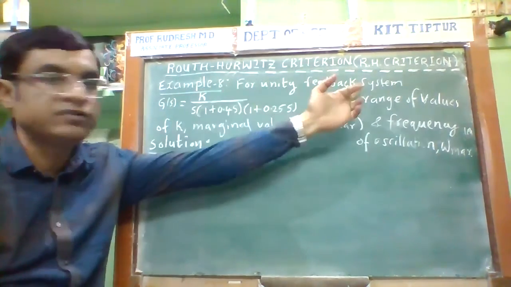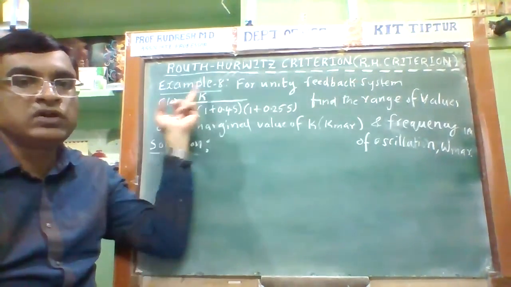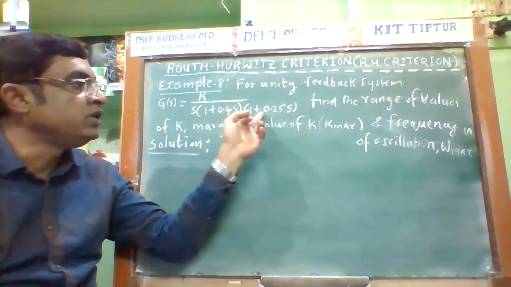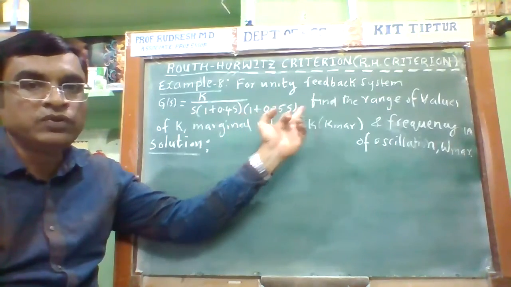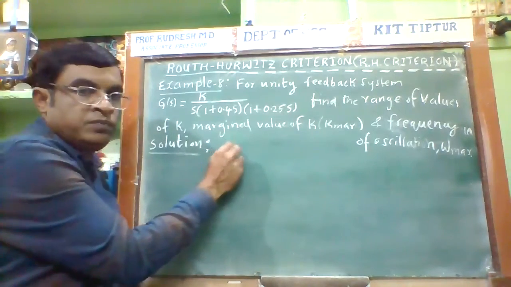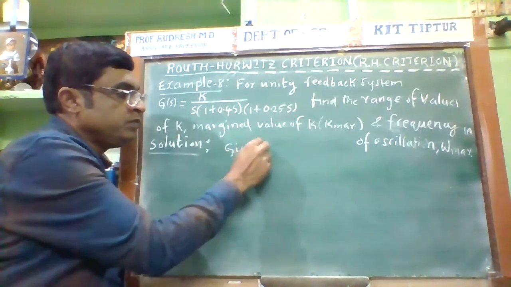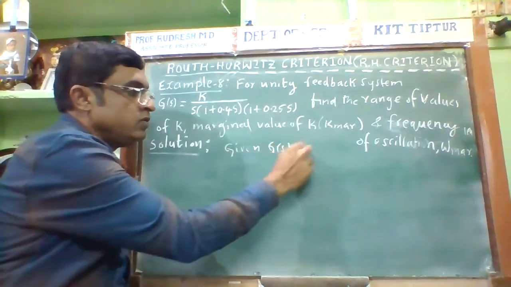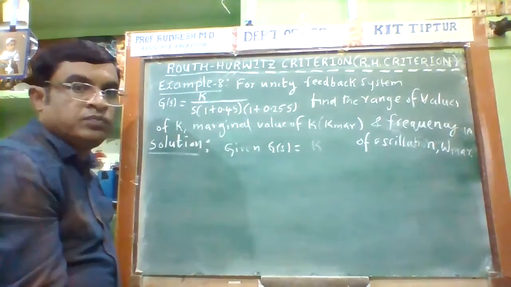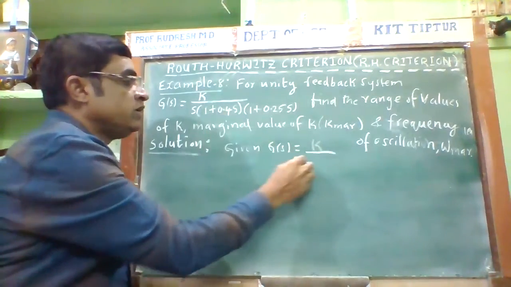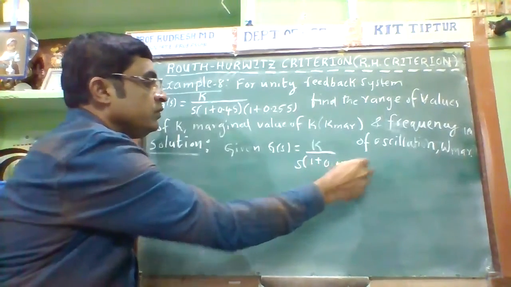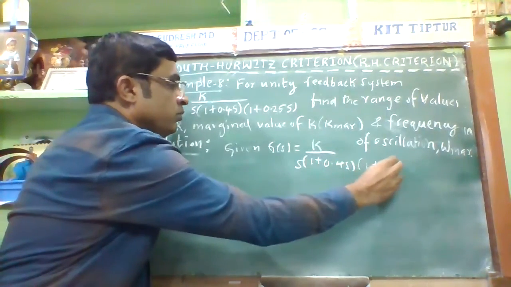For a unity feedback system, G(s) is equal to K divided by s into (1 plus 0.4s) into (1 plus 0.25s).